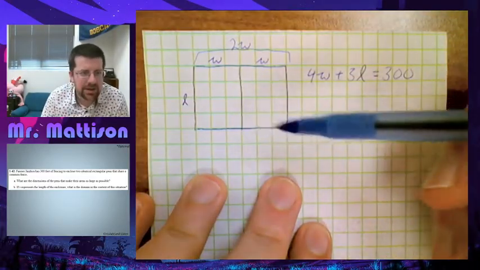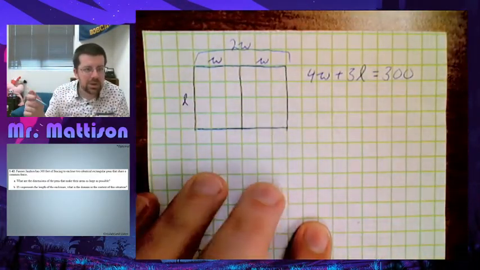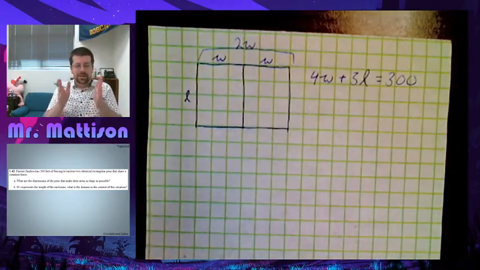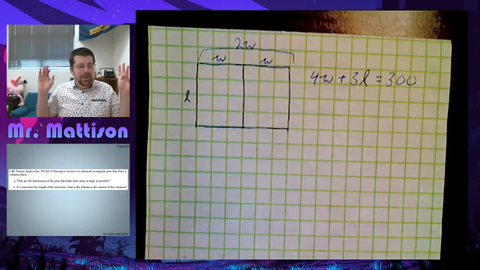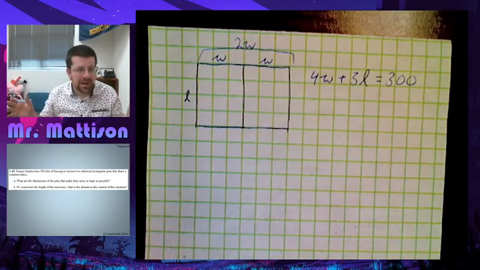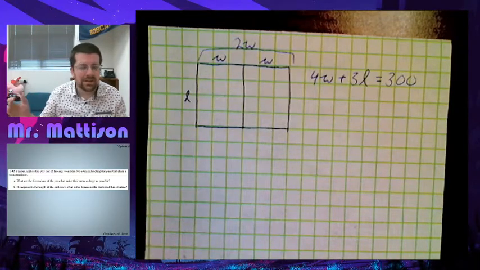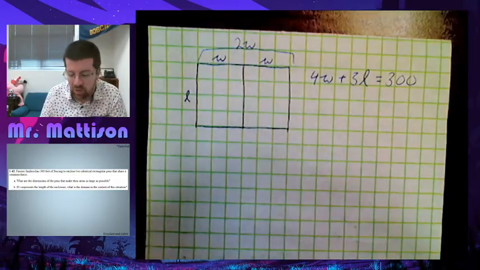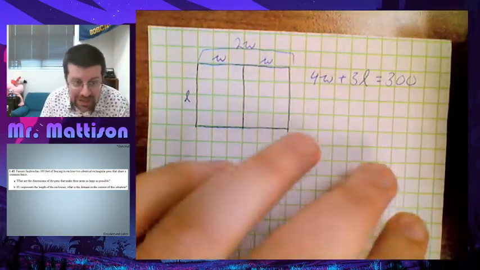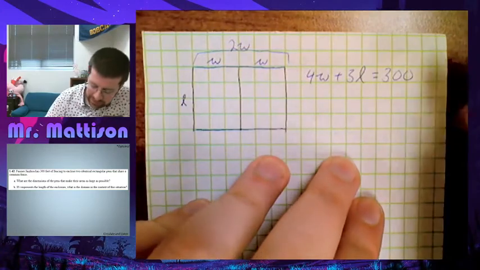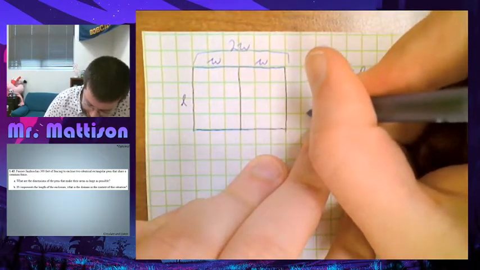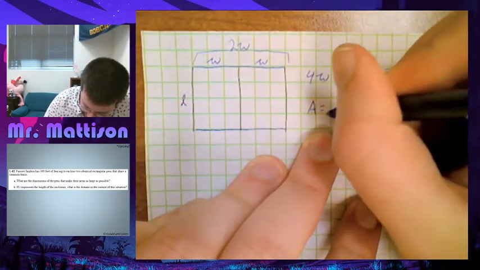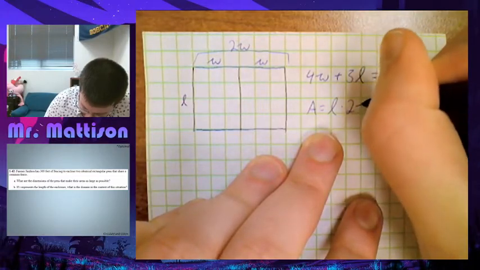It's a negligible area, but in reality you would be missing an area that is the width of the fence. If you want to make the problem that much harder, go ahead, but it's going to very slightly change the actual outcome, and you would need to know the width of the actual fencing. So we're going to disregard that one. Okay, so my area here is just length times 2 width.